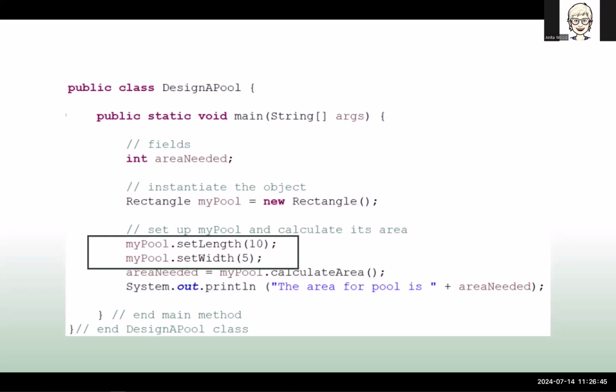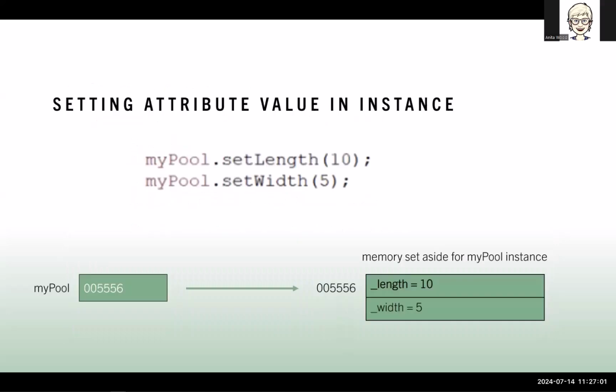The instance myPool is first, followed by the dot operator, and then the name of the method and its arguments. The setLength method has one integer argument that is used to set the private length attribute in the instance. Same goes for setWidth. After these two statements are executed, the memory for the myPool instance will look like this.